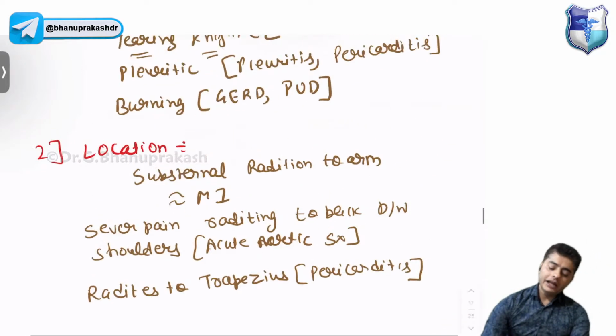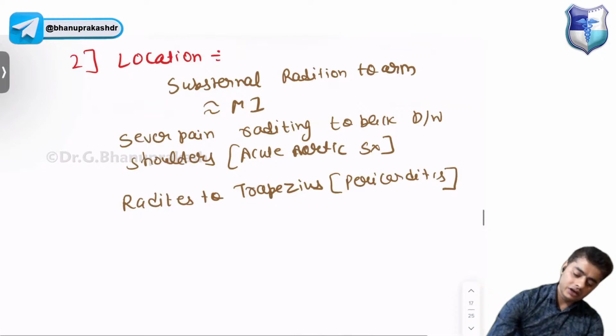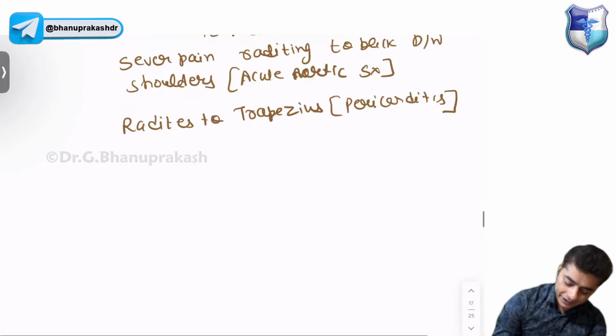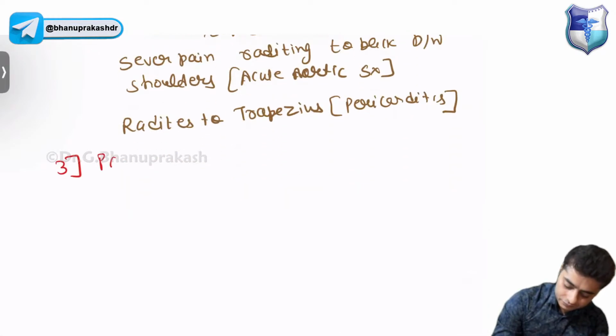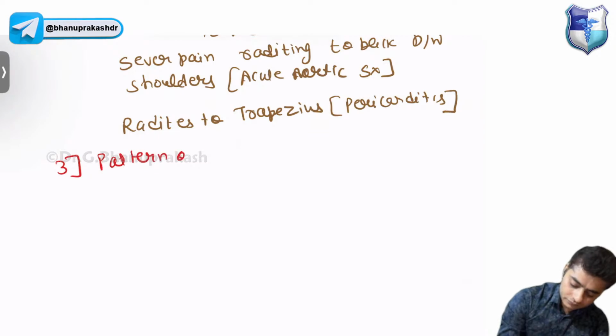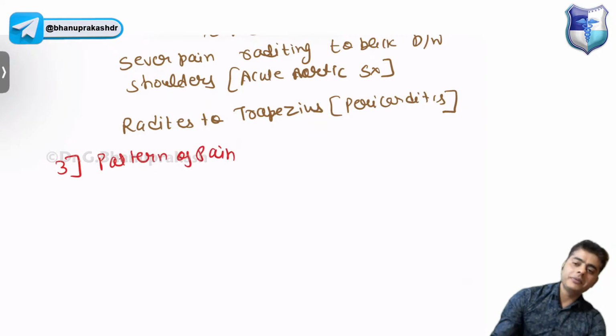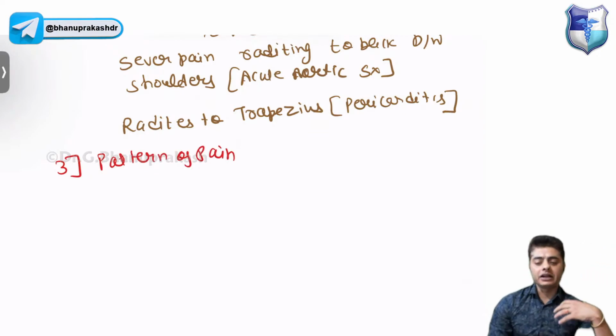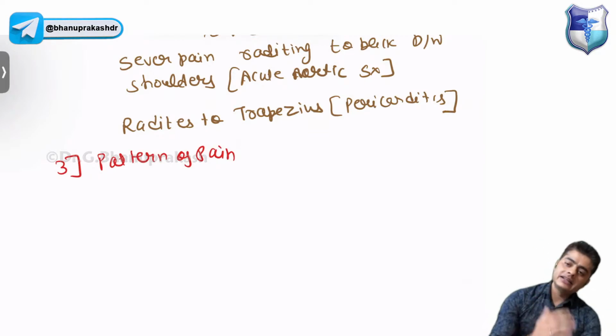Okay. After completing quality and location, we will come to pattern of pain. Now, what do you mean by pattern? Like fever has a pattern. Some fever increases at night, some at day, some persist through the day. Pain also has a pattern.